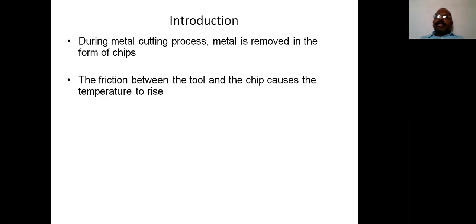So how does it take place? Observe carefully, remember carefully: because of the tool geometry only, the metal is removed in the form of chips. Whenever the cutting tool and the chip are in contact, the friction between the tool and chip causes an increase in temperature, because each and every time the cutting tool moves forward, the chip produced is separated, but immediately the next particle comes in contact with the cutting tool.